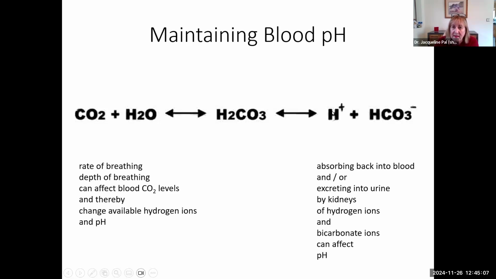So if you want to raise the hydrogen ion content in the blood so you can lower the pH, you would have to send this bicarb ion into the toilet. If you wanted to send the hydrogen ion into the toilet, so that you would do the opposite with the pH, then you would send the bicarb back into the blood to raise the pH, and you would send the hydrogen ion into the toilet.